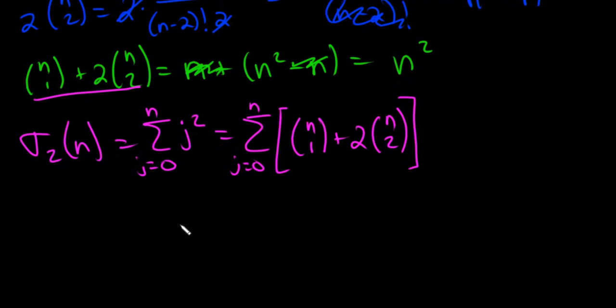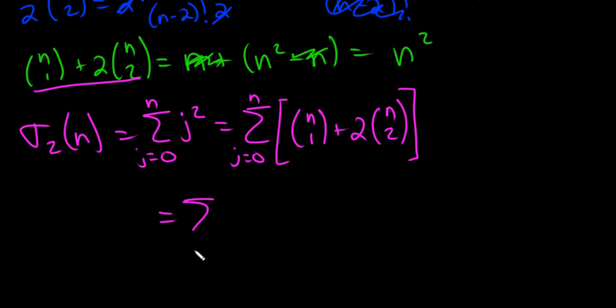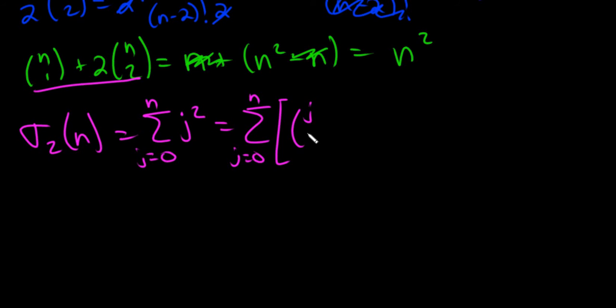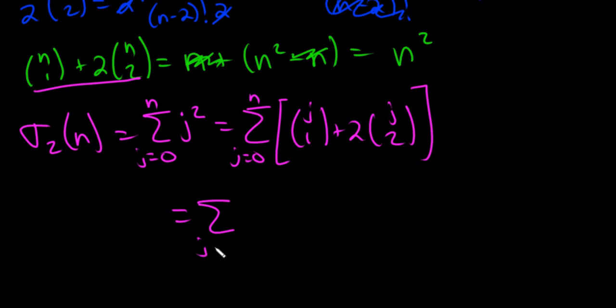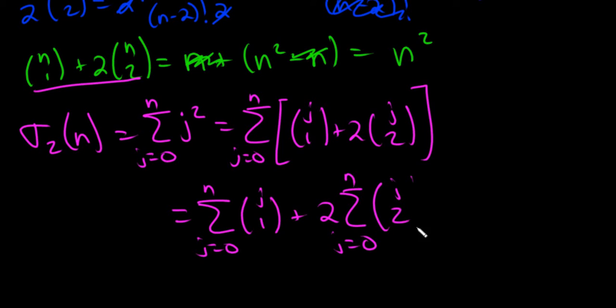Now I can separate this. Oops, these should not be n's, these should be j's. So if I separate the sum, I will get the sum from j equals 0 to n of j choose 1 plus 2 times the sum from j equals 0 to n of j choose 2.